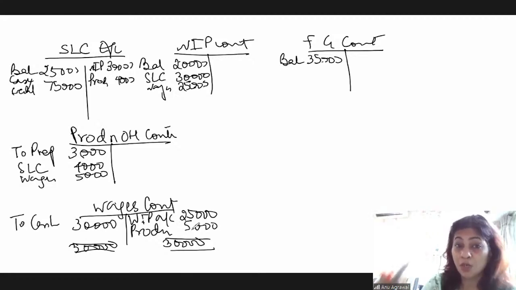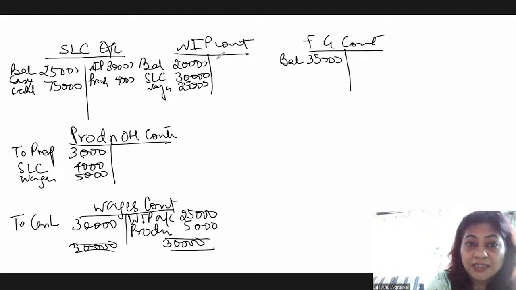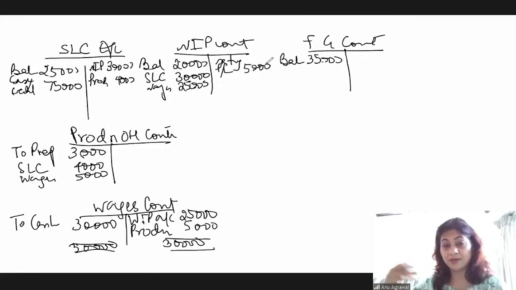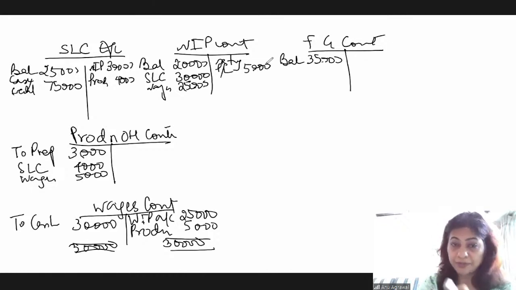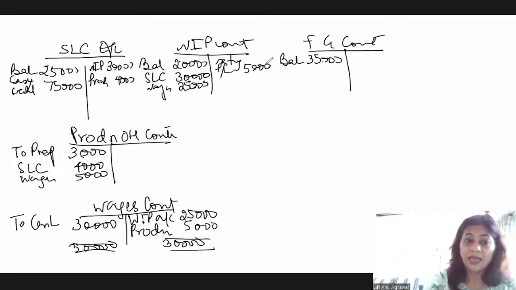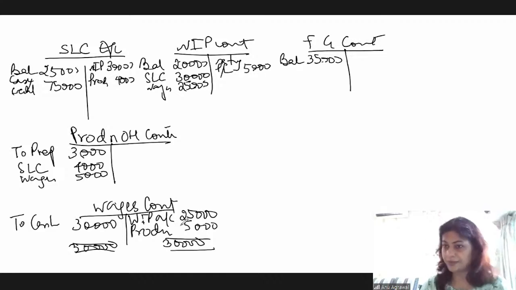If I say this is not acceptable, then I should transfer this to costing P&L account. Yes or no? If it is above the range of my acceptability, so it's not a normal idle time, right? Then I should not put it into the WIP account. I should transfer it to costing P&L account, right? I could have done it here only, or from WIP it can be transferred. So we will see what ICAI is doing.